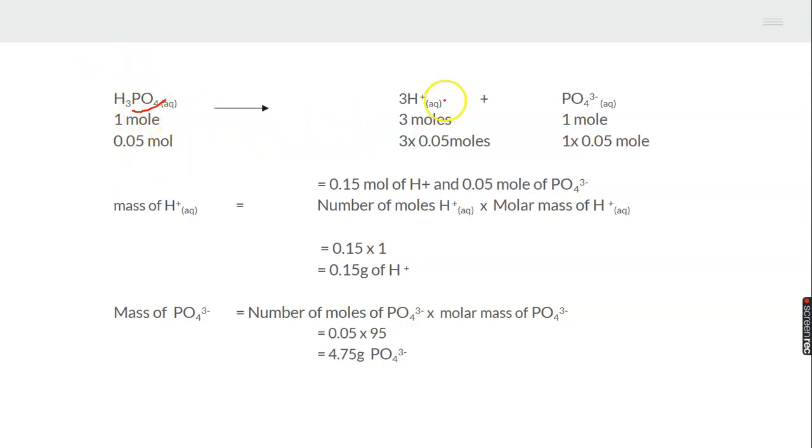So comparing it to the other ions, that means when this one is 1, this one is 3. Then when this one is 0.05, this one will be 3 times 0.05, and this one will be 1 times 0.05. So definitely 0.15 mole of hydrogen ions will be formed, and 0.05 mole of phosphate ion will be formed.